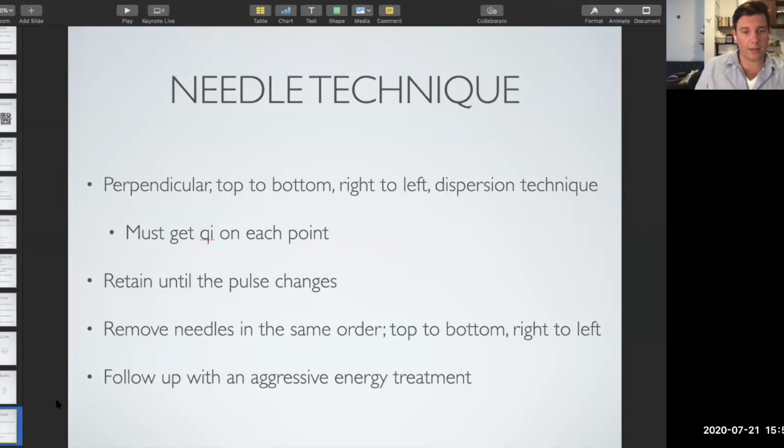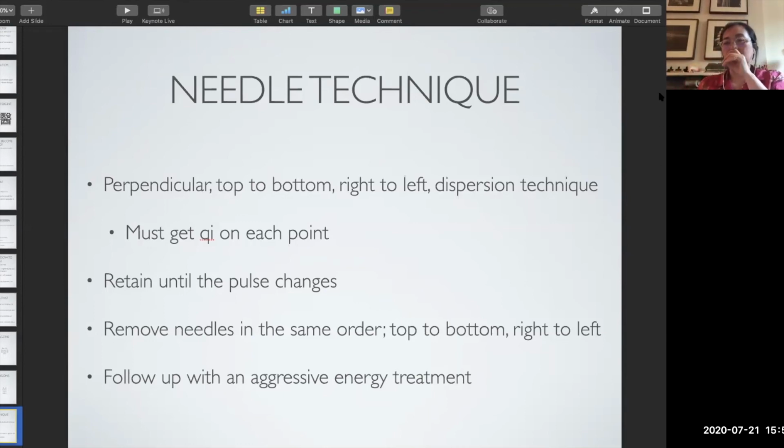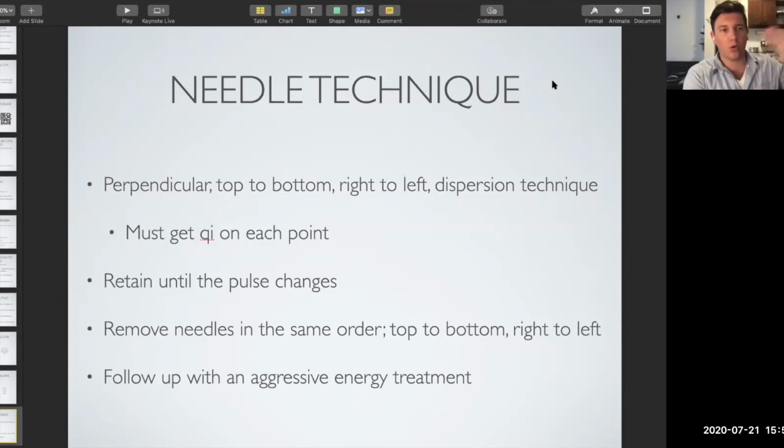And then the question. Yeah. So you mentioned that you check on them every 15, 20 minutes. How long is an entire treatment, from when you put in the needle until you take it out? I mean, how many times do you actually check? Just once? In normal practice I usually have 30-ish minutes of needle retention.